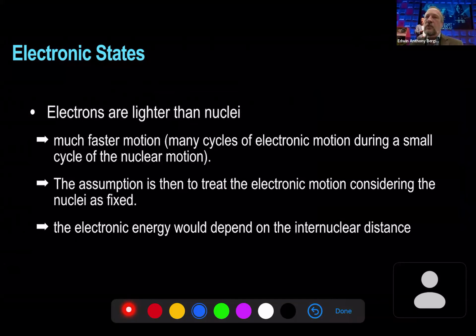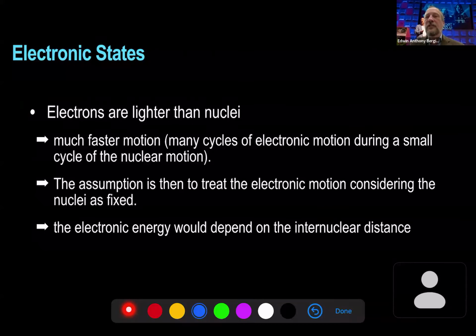Now, similar to atoms, we expect different states depending upon electron orbitals, but the electrons are lighter than the nucleus by quite a bit, right? They're zipping around for many cycles of the electronic motion. The nuclear motion is doing less, right? So the assumption, and this assumption is called the Born-Oppenheimer approximation. And indeed, you can watch a movie about Oppenheimer in this attribution. He is known as the father of the atomic bomb.